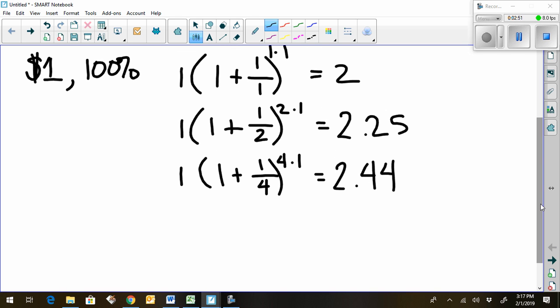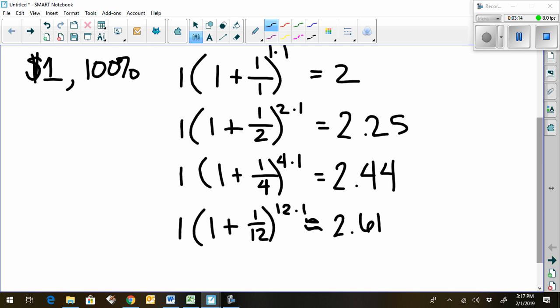Now, if we have $1 and we compound it monthly, what will that become? Well, if we use our calculators, we will end up with approximately 2.613, and it continues, right?